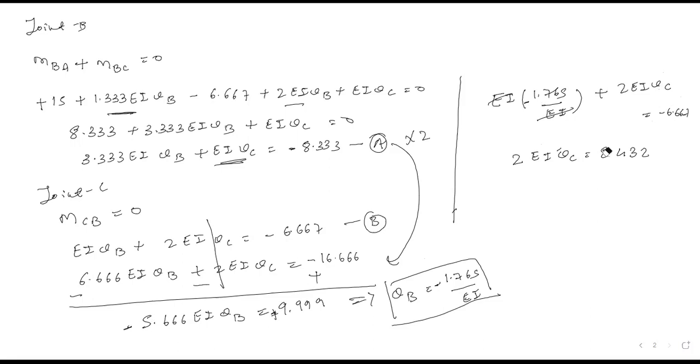So this will again change. 6.667 minus, sorry, plus, so 4.902, that is also negative, divided by 2, so we will get 2.45.